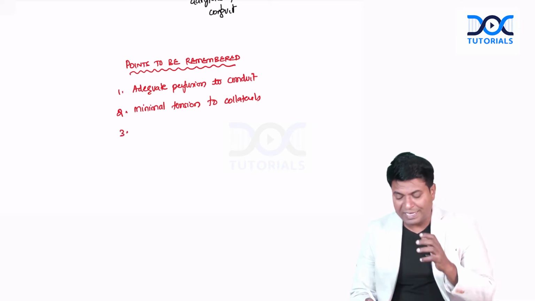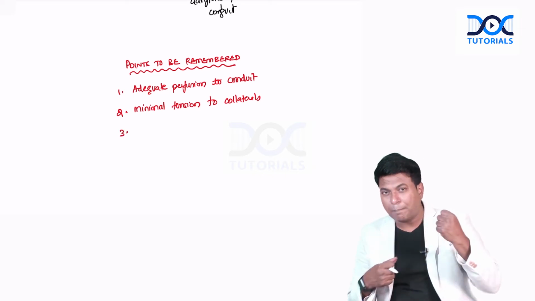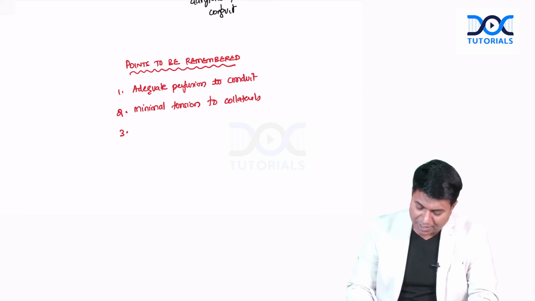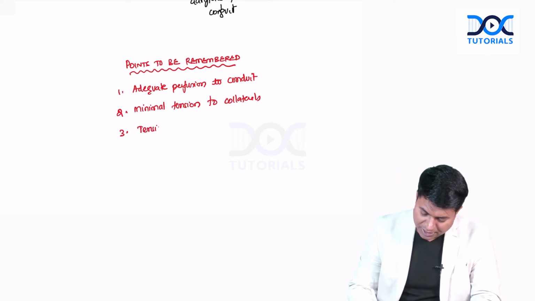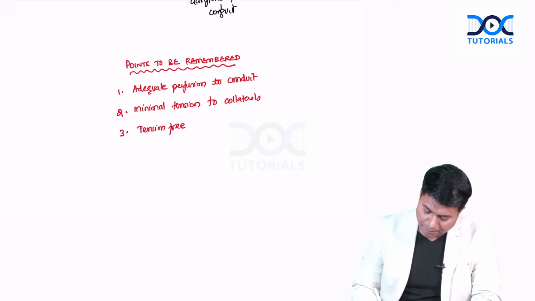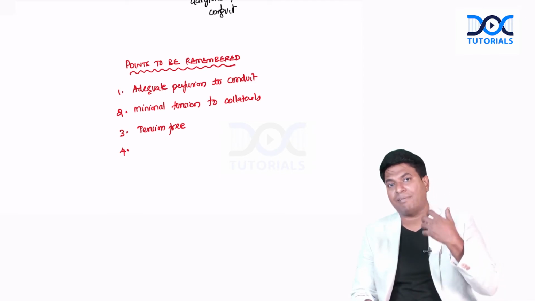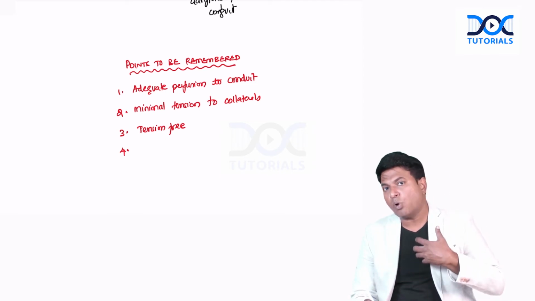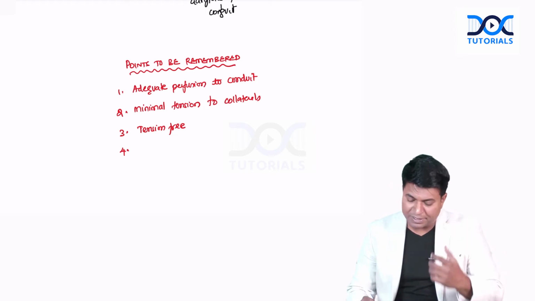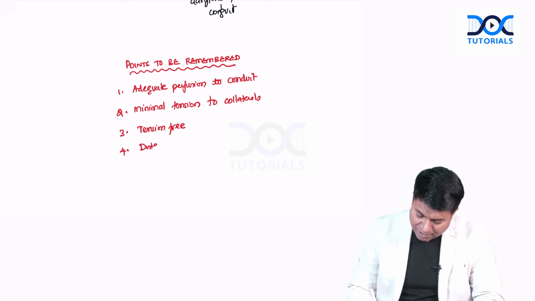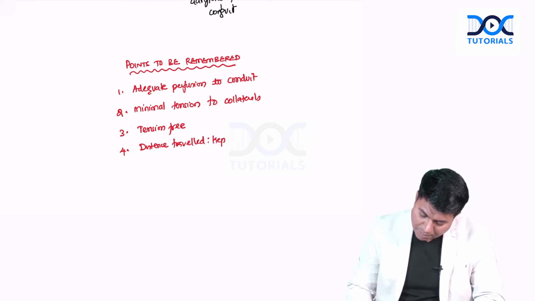There should not be any tension in the anastomosis, no compression or pressure. Tension-free anastomosis should be there, and the distance should not be very long. As the conduit travels more and more distance, it can become ischemic. The distance traveled is kept as minimum as possible.